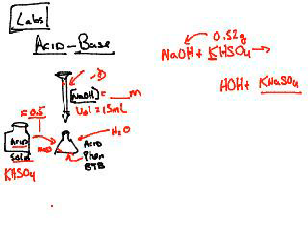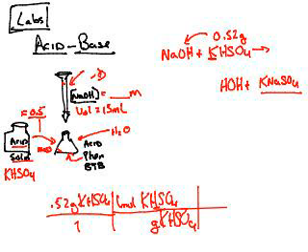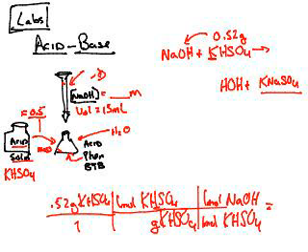So what I could do is say 0.52 grams of KHSO4 over 1, and then 1 mole of KHSO4 per molar mass grams of KHSO4, and then 1 mole KHSO4 to 1 mole NaOH. The molar mass of KHSO4 is 104.